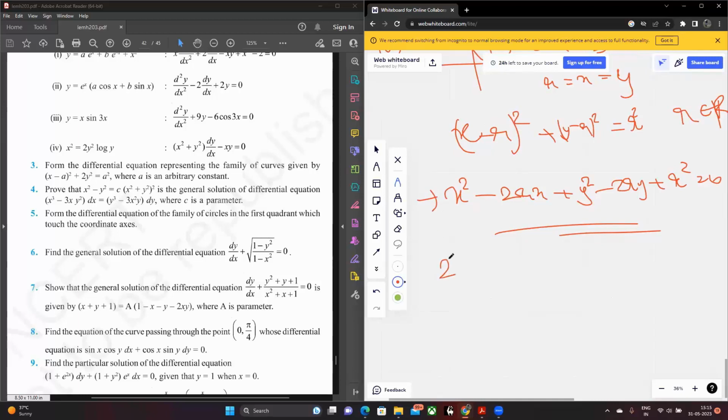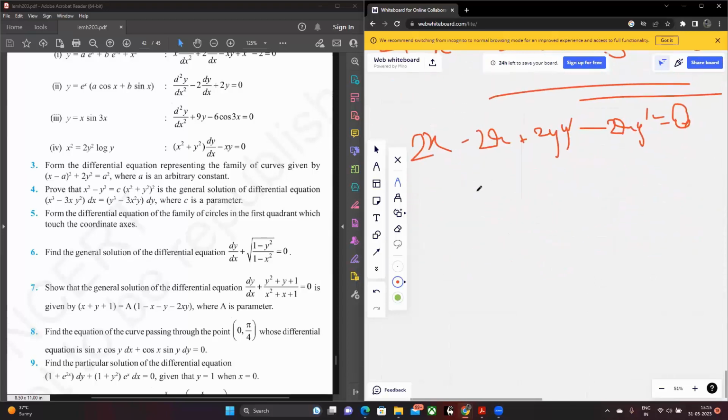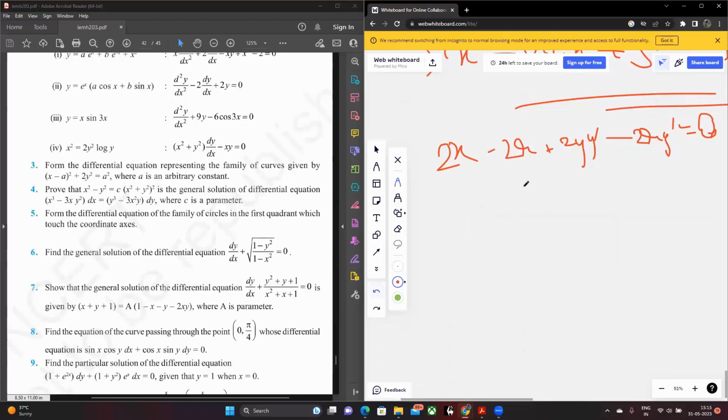Differentiating this once, you basically get 2x minus 2r plus 2y dash minus 2ry dash equals 0, right? So we basically have y dash, okay, not y dash, you have to get r from this side. So we basically have minus 2r times y dash plus 1, right?